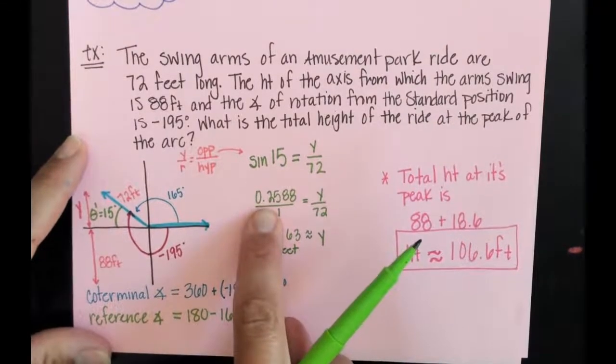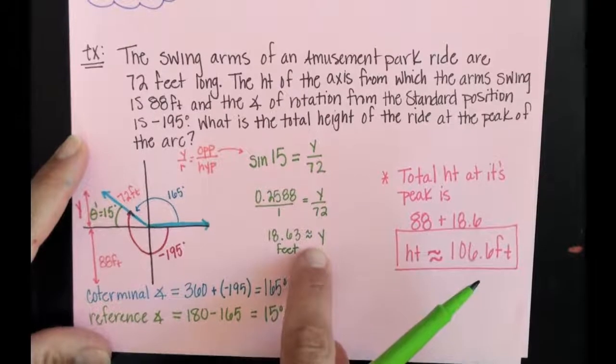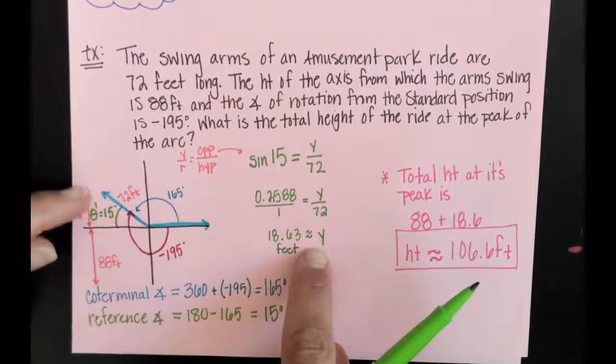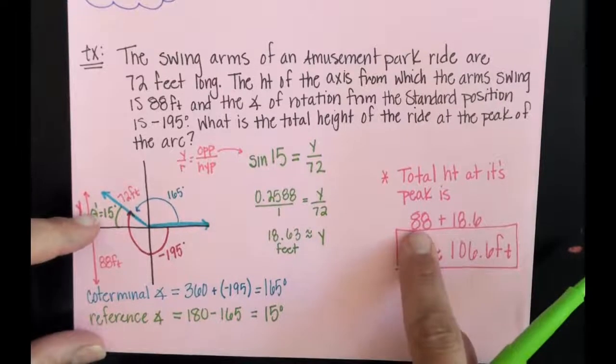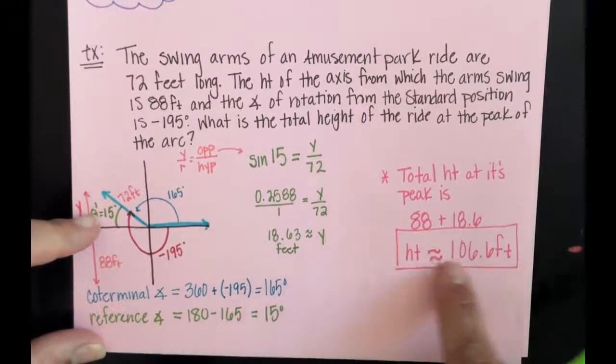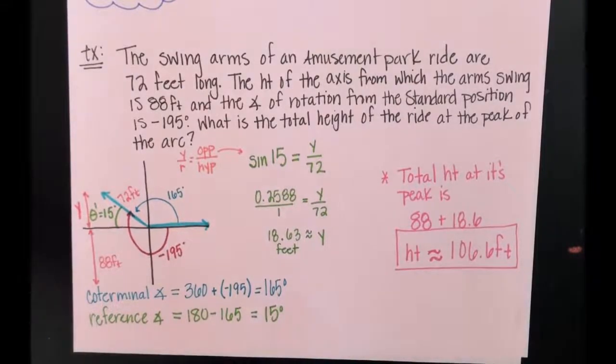Plug that in the calculator, sine 15. I created my proportion, cross-multiplied, and solved. So I just figured out that that vertical distance here is about 18.63 feet. Well, if I add that to the 88 that's already there, I figure out that the height of this ride is going to be about 106.6 feet.